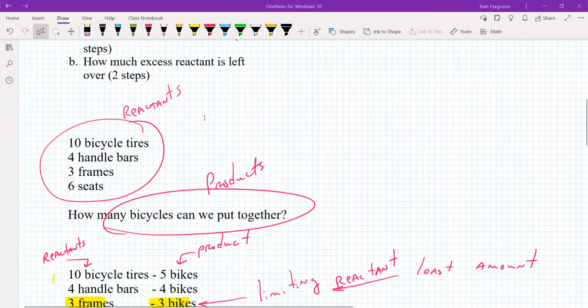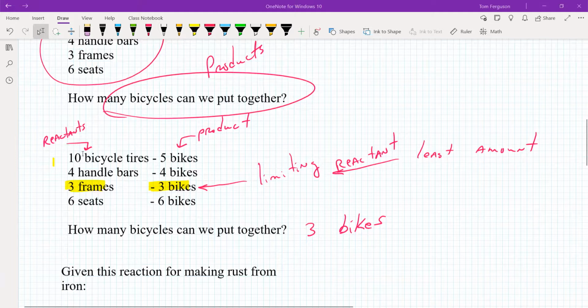Now, I mentioned this last time, but if we start with a big pile of bicycle tires, a pile of handlebars, frames, and seats, how many bicycles can we produce? If you think of the bicycle tires, handlebars, and frames as being the reactants, and the actual bicycles themselves being the products, then we can go through an analysis.